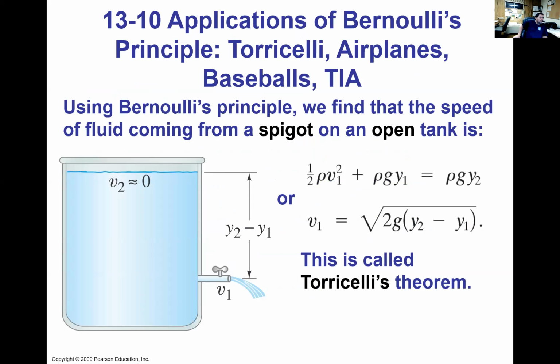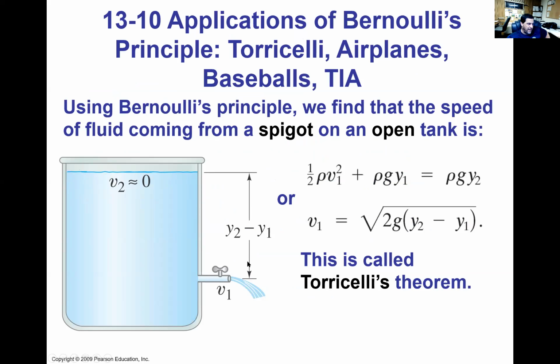So for applications of Bernoulli's principle, you have airplanes and baseballs as the two most common. If you have a closed container like a vat and you have a spigot on the end of it, and your velocity up here is 0 and you have a velocity down here, so the velocity is not moving across. It might be going down, but it's not moving across.